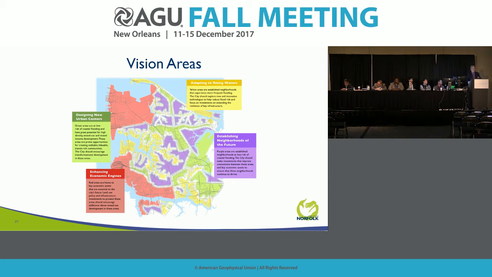We've got to figure that out because those are the ones that are high identity value assets that are not very transportable. The yellow ones, on the other hand, are where we think we're going to learn to live with water. If there is going to be retreat in Norfolk, we think it's going to be from the yellow areas. Problem is, that's probably the most valuable real estate we have in the entire city. So it's not the easiest thing to do over time.